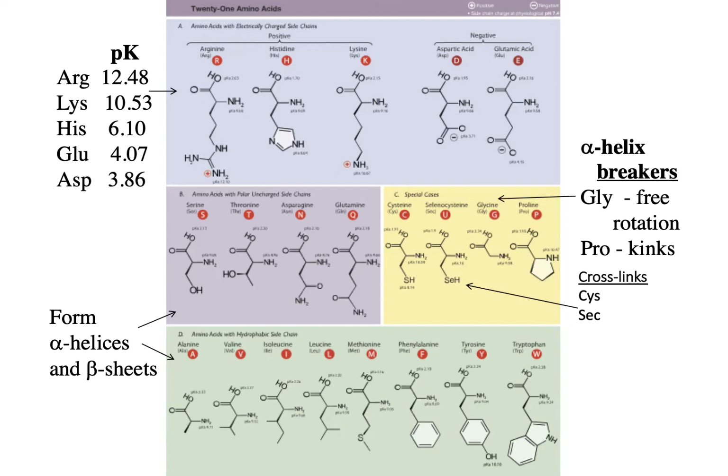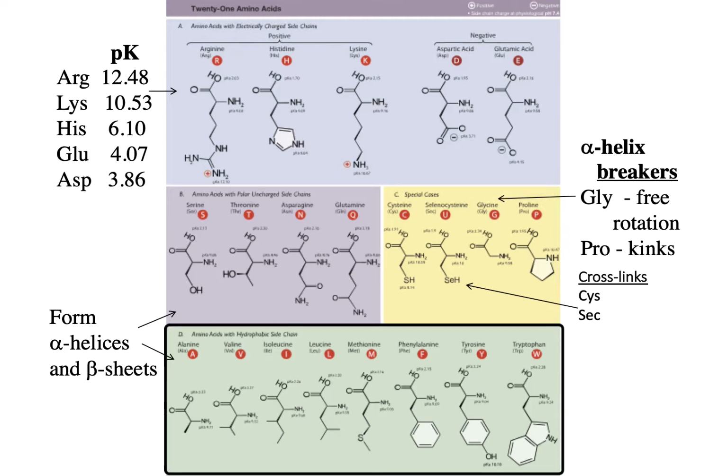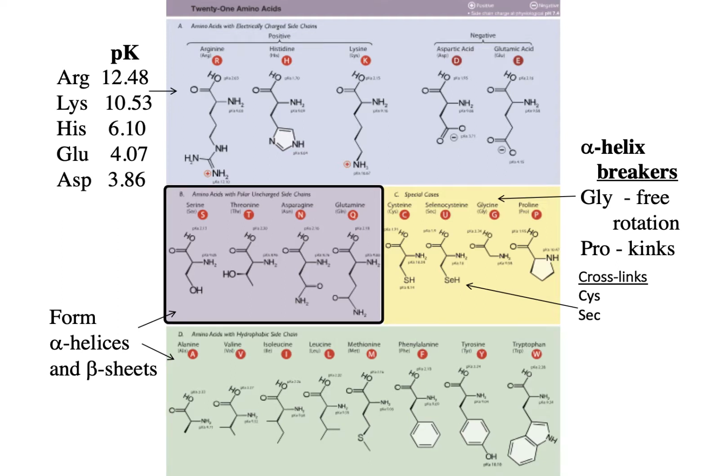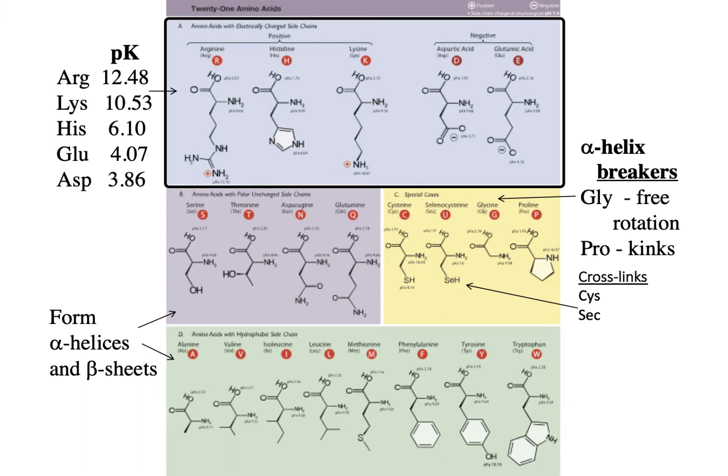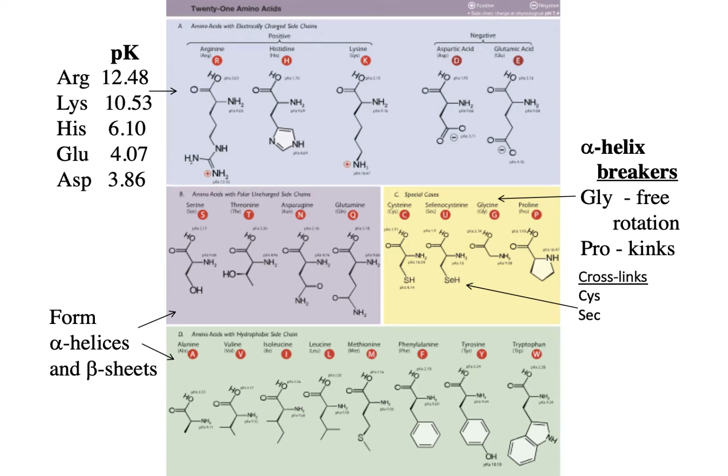So these ones are pretty much structural in one way or another. These ones down here produce mainly alpha helices and beta pleated sheets, as do these polar ones here. And then the ones up here are charged. So arginine, histidine, and lysine all have a net positive charge on them. And the negatively charged amino acids are aspartic acid and glutamic acid, or aspartate and glutamate.